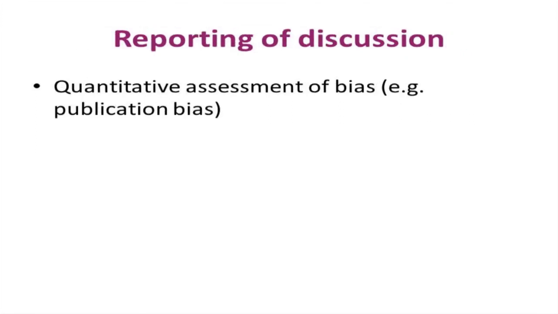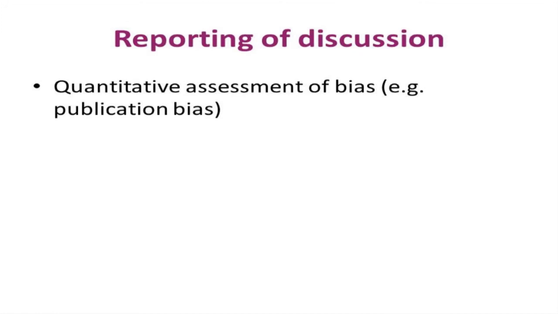Thank you. And when you report the discussion of your meta-analysis, you need to quantitatively assess your bias. For example, publication bias might be really important in some studies, because if all the studies showing something else are not published, then the results from your meta-analysis might be completely opposite the truth.